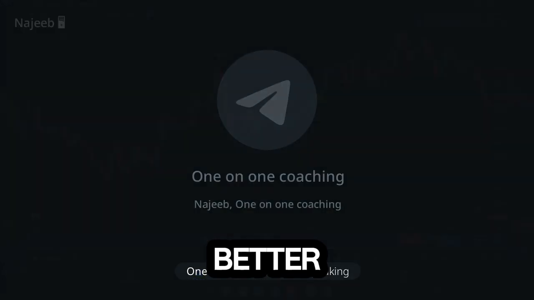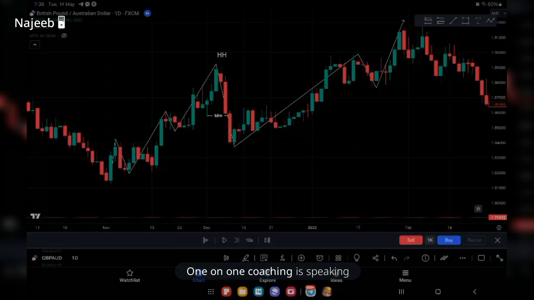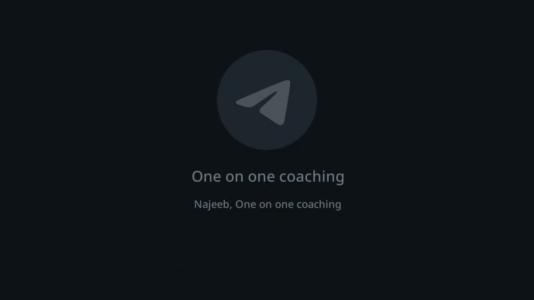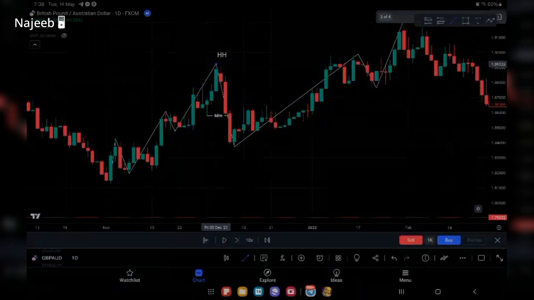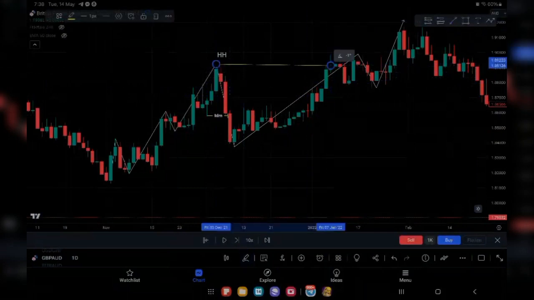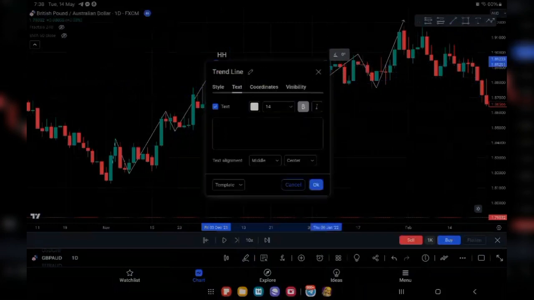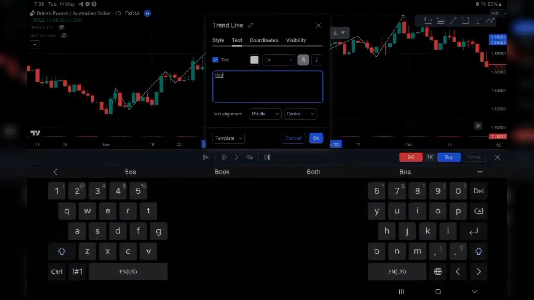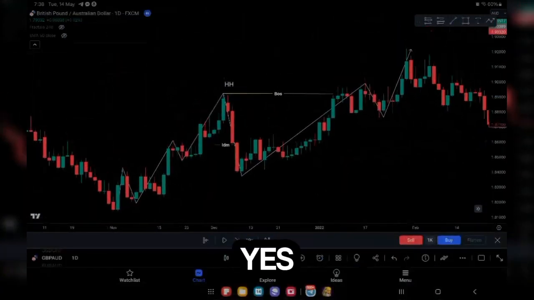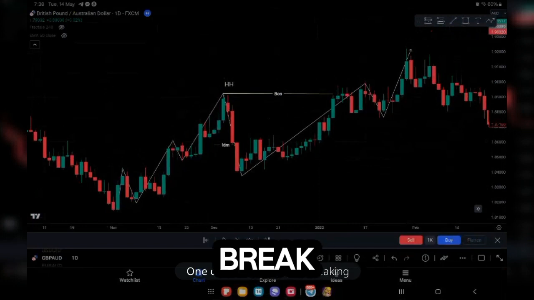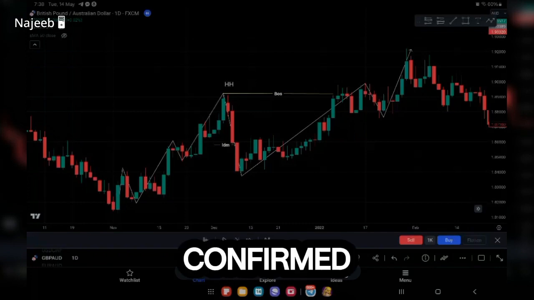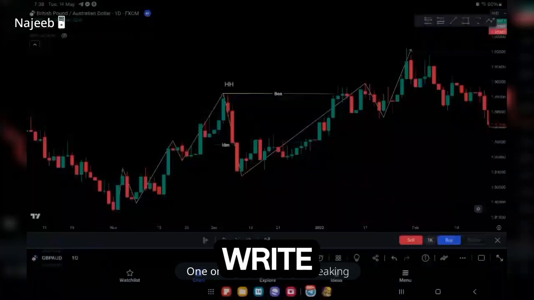So the next thing to label there is break of structure. Yes. Good. And once you confirm that the break of structure is valid, it means your higher low is confirmed too. So you write higher low down here.